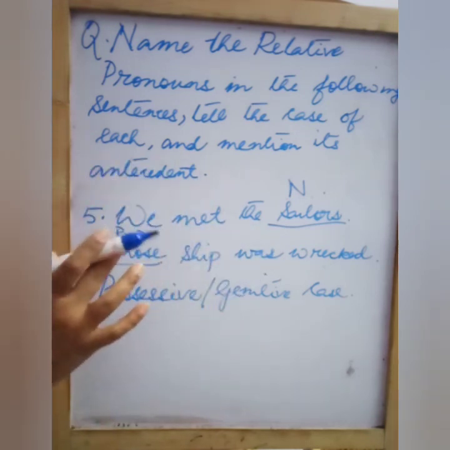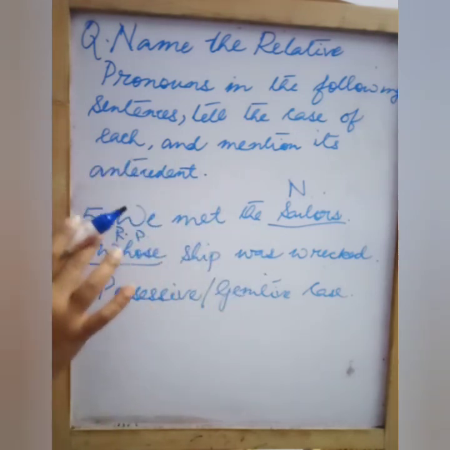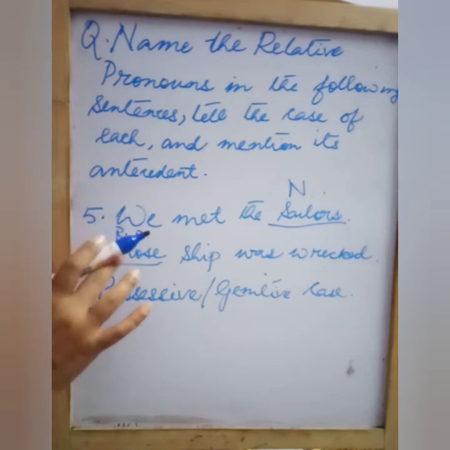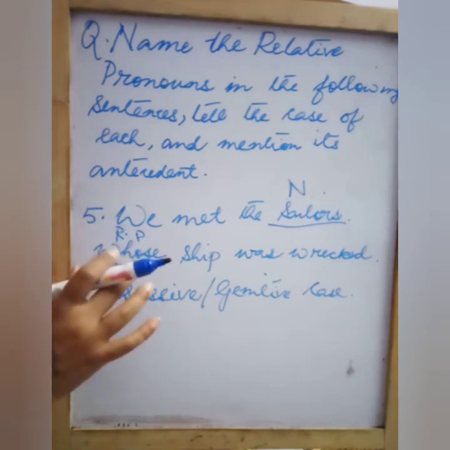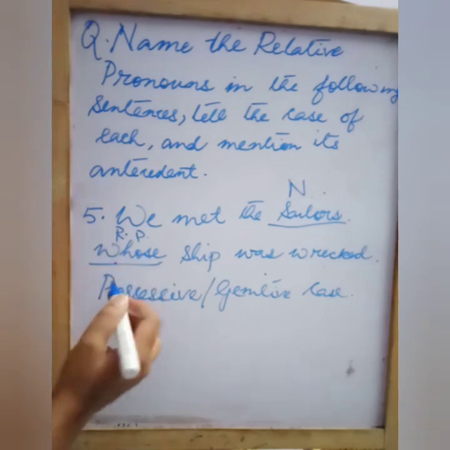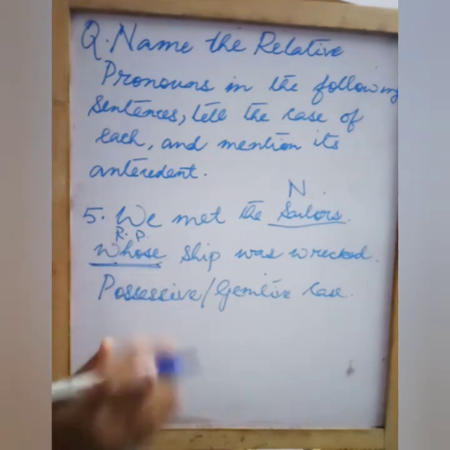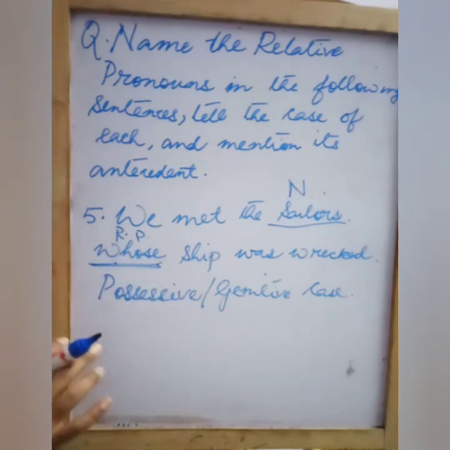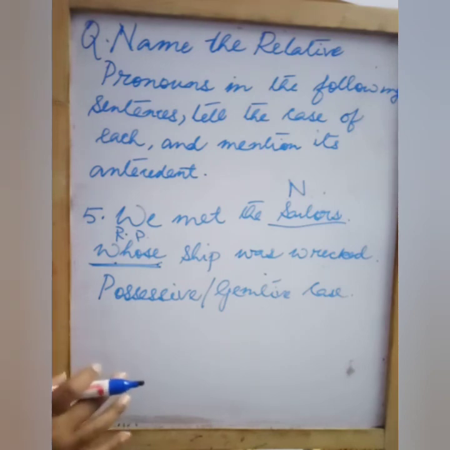When we study cases, possessive or genitive case generally does not confuse you, because the moment we see whose, we understand that this is the possessive case. But in accusative and nominative case, we sometimes tend to confuse ourselves.